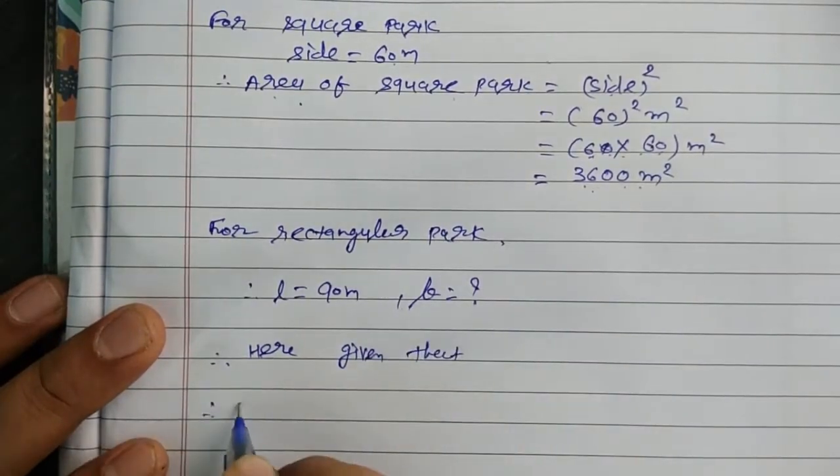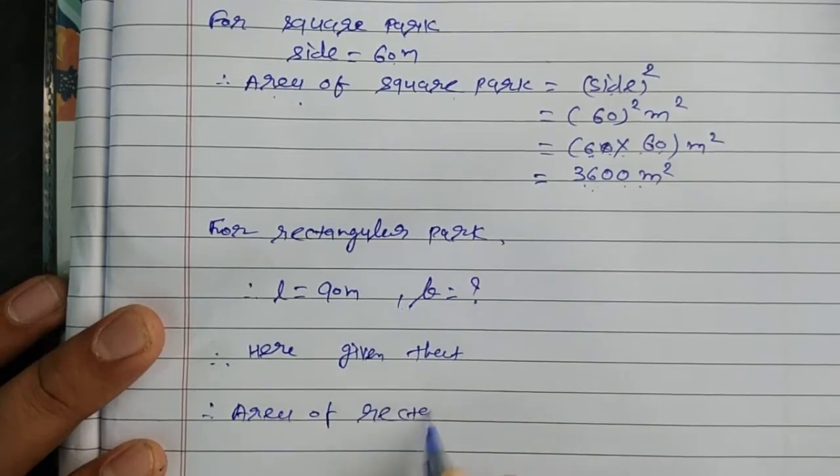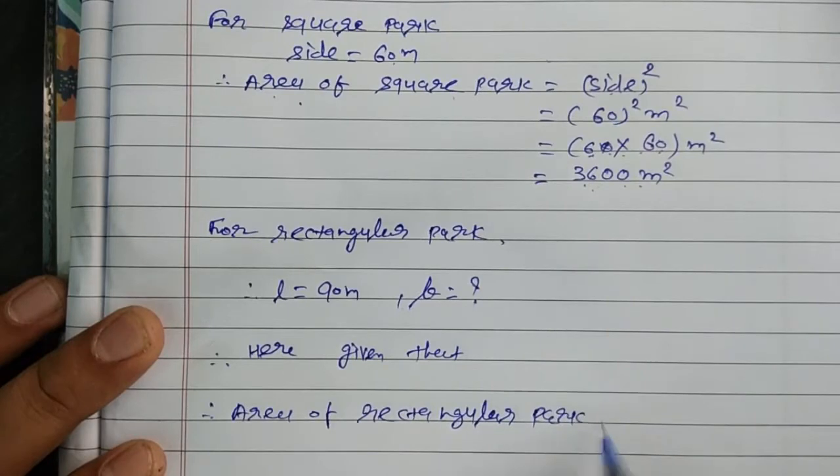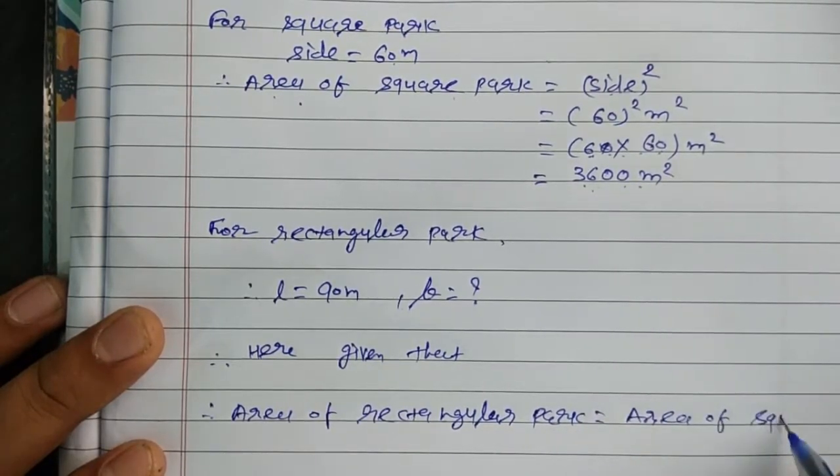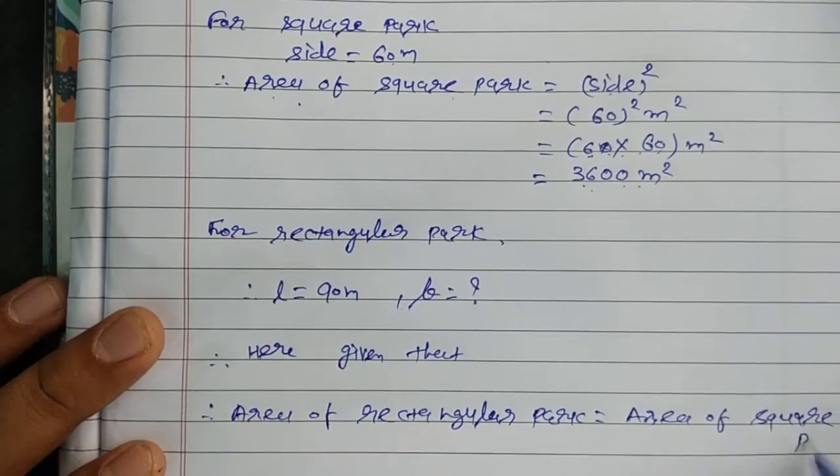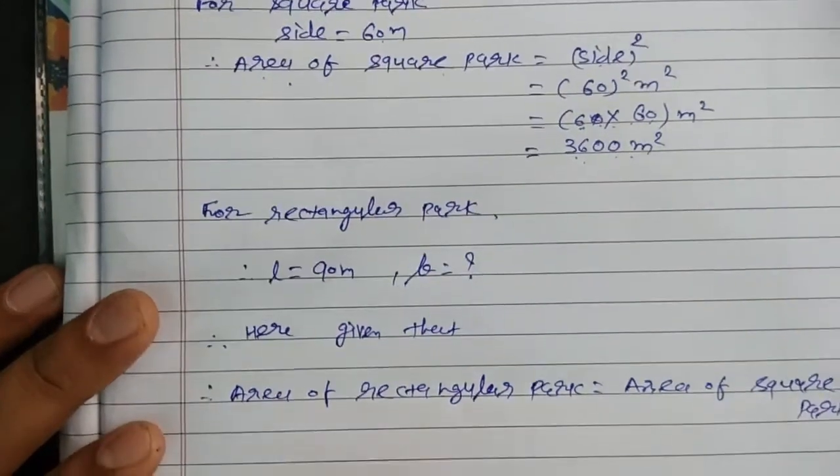Given that area of rectangular park is equal to area of square park.